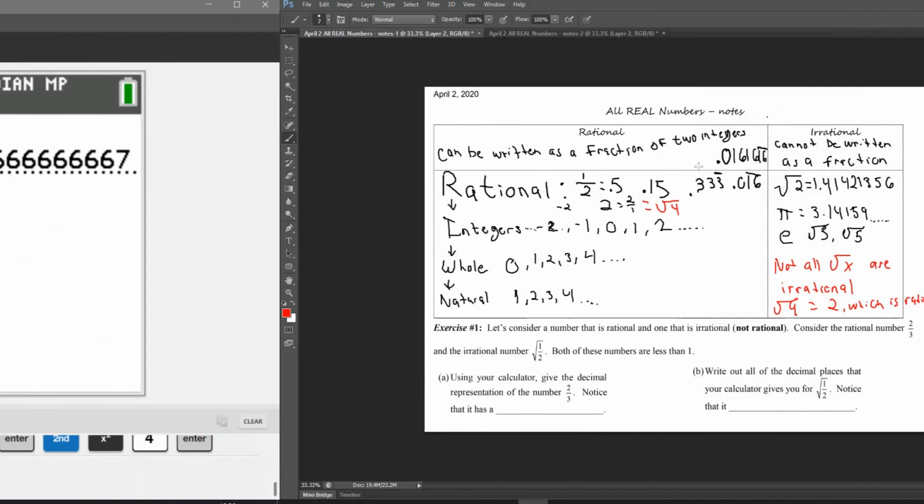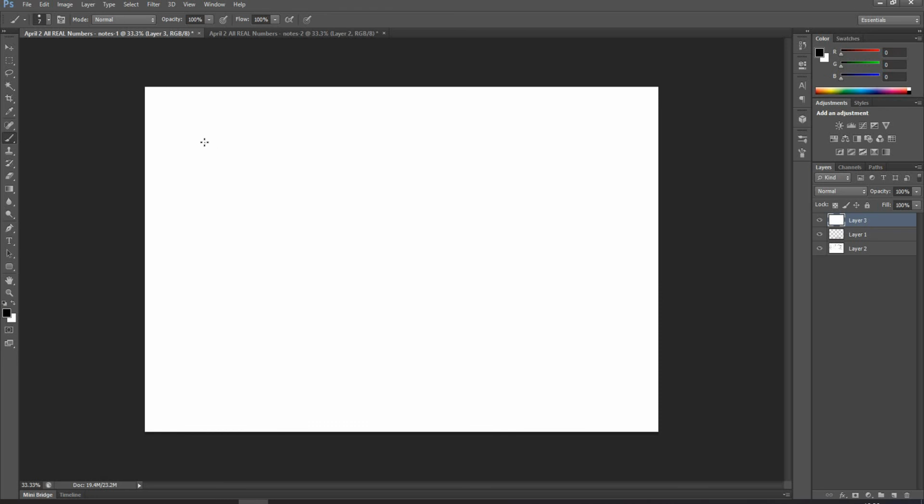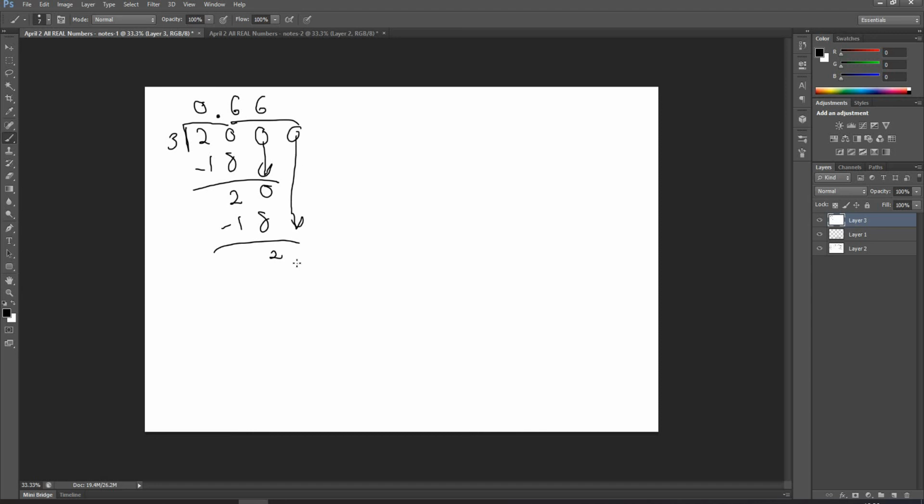If I were to do this out by hand, say 2 divided by 3, well this goes in 0 times, then I have 20, so this is 0. Goes in 6, 3 times 6 is 18. I get 20 again, well this is going to give me a 6 again, so minus 18, so I'm going to get a 2 again, which means I'm going to get a 20 again.